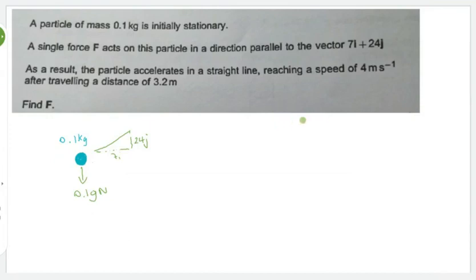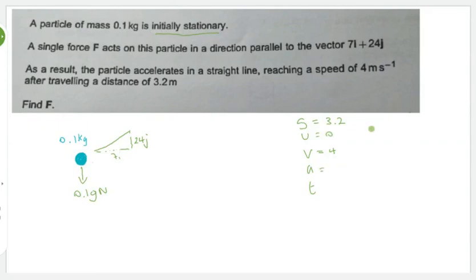S, our displacement, is 3.2. It reaches a speed of 4, so its final velocity is 4. Its initial velocity is 0 because it's initially stationary. And we can work out the acceleration from here.